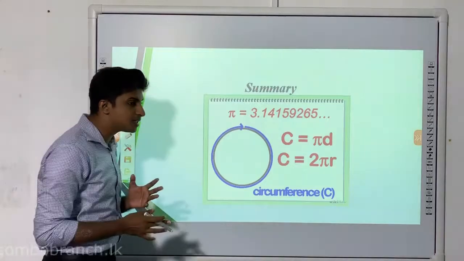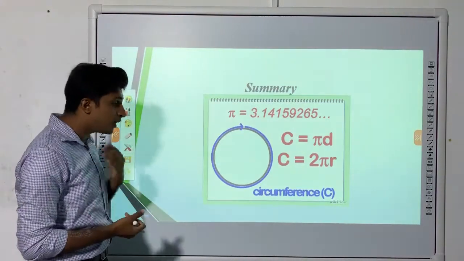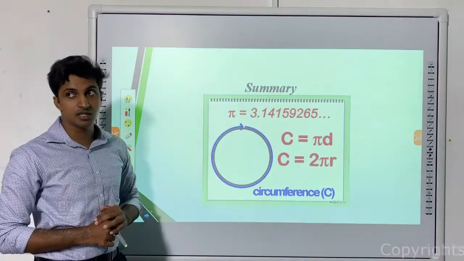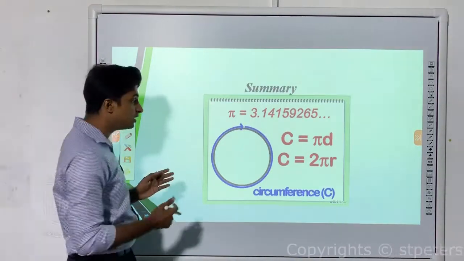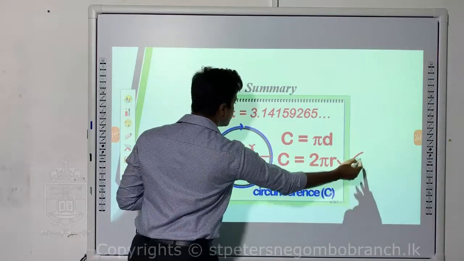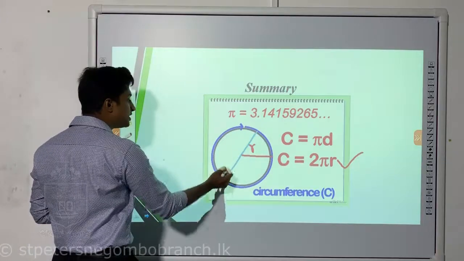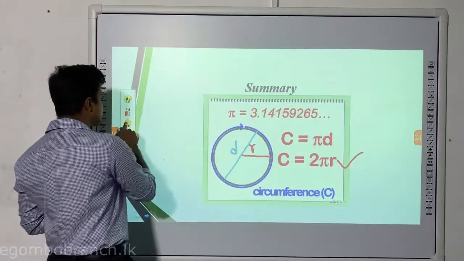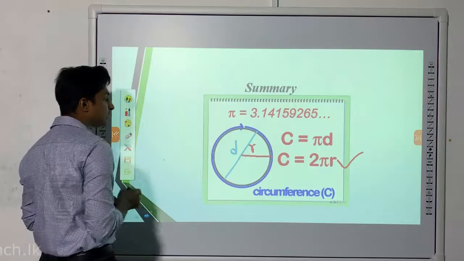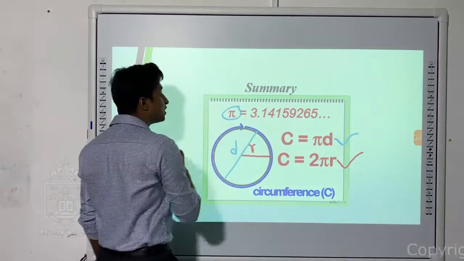The general summary of this lesson on the circumference of a circle is that we have two formulas to calculate the circumference of a circle. One, when your radius is given, we can use c equals 2 pi r. In case the diameter is given, we can use c equals pi d. The pi value is a constant.